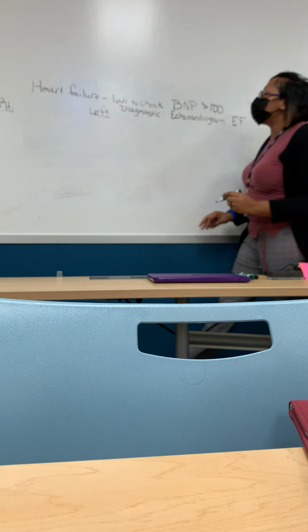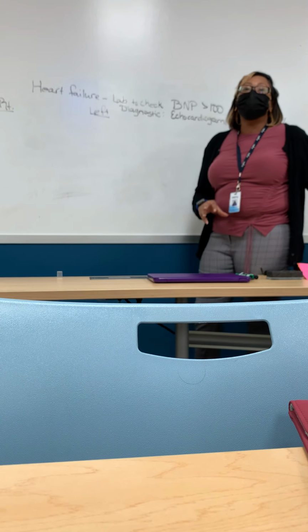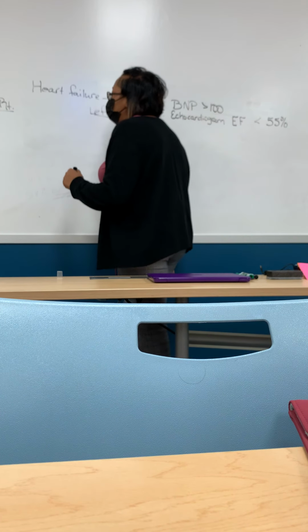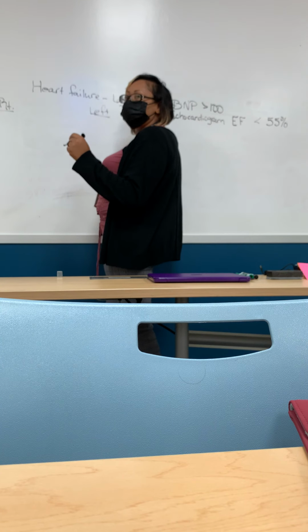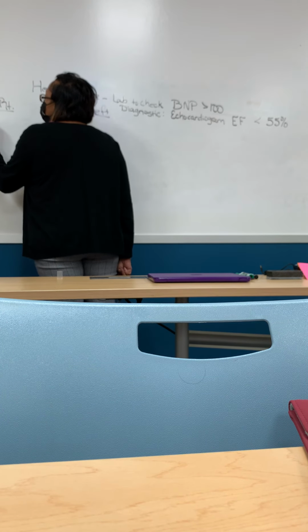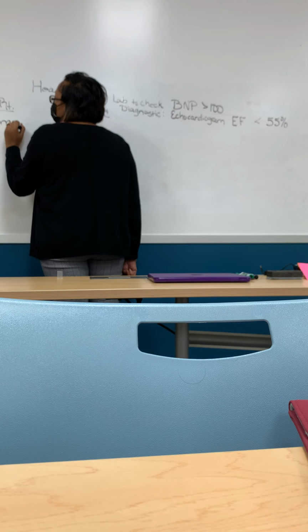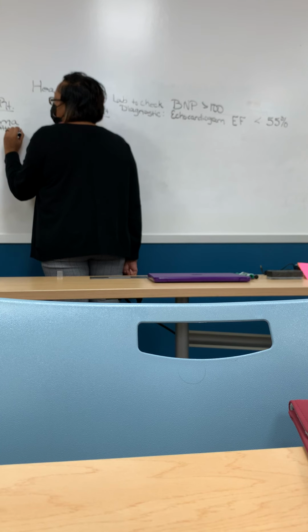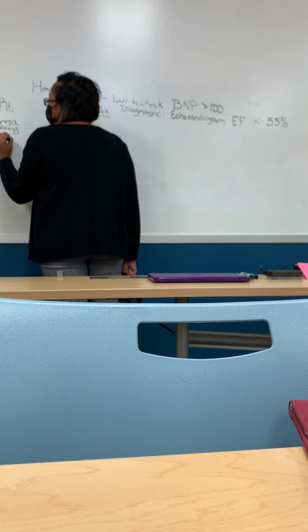The signs and symptoms. Your patient comes in and they have edema in the legs. Do they have right or left? Right. Left is pulmonary. Edema is right. That can be pitting and it can be dependent.